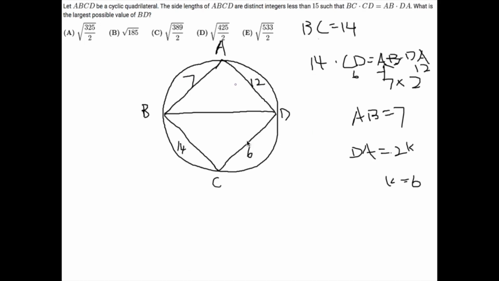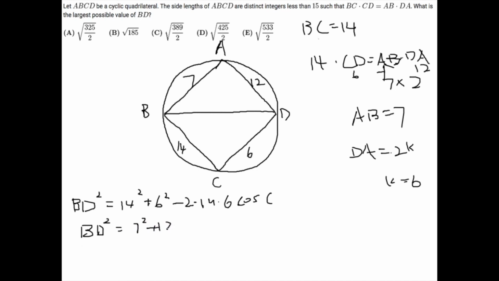So now we can start solving for BD. By the law of cosines, we know that BD squared is equal to 14 squared plus 6 squared minus 2 times 14 times 6 cosine C. We also know that BD squared is equal to 7 squared plus 12 squared minus 2 times 7 times 12 cosine A, which is actually 180 minus C, since it's a cyclic quadrilateral.